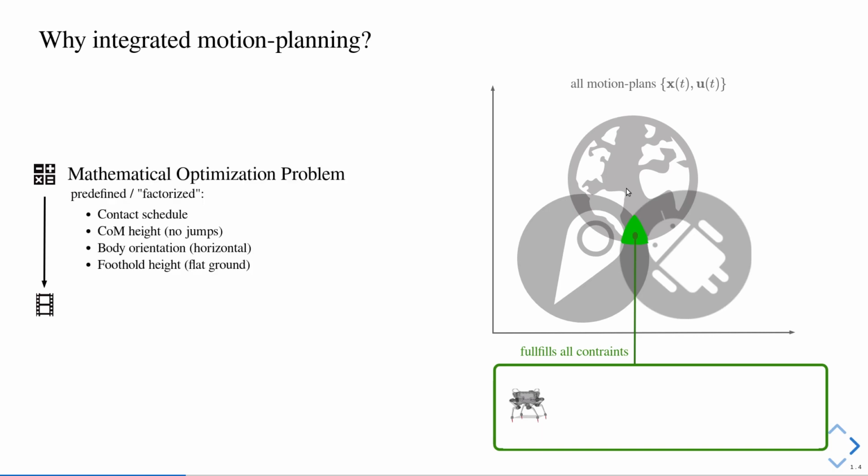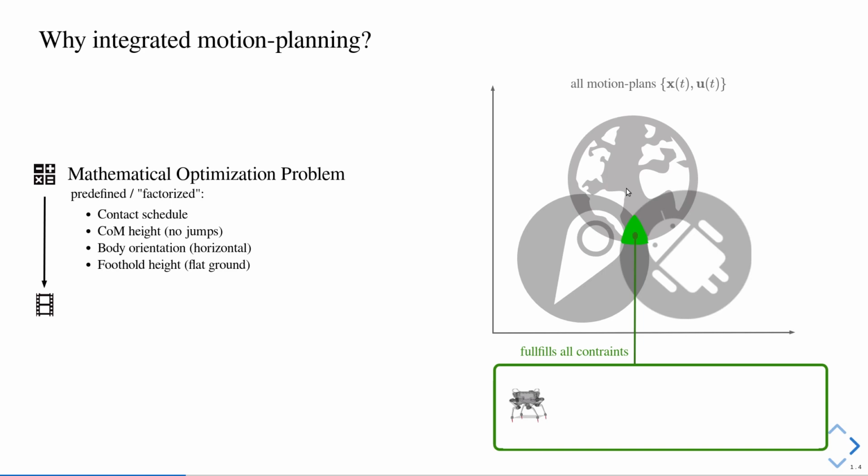Now what's often done is that the motion plan generation is decoupled into different steps, and each of these steps specifies a few elements of the entire motion plan in advance. So a very traditional way of performing this motion planning is first you have a footstep planner that predefines at which places the feet should be placed, in which order the feet should be placed.